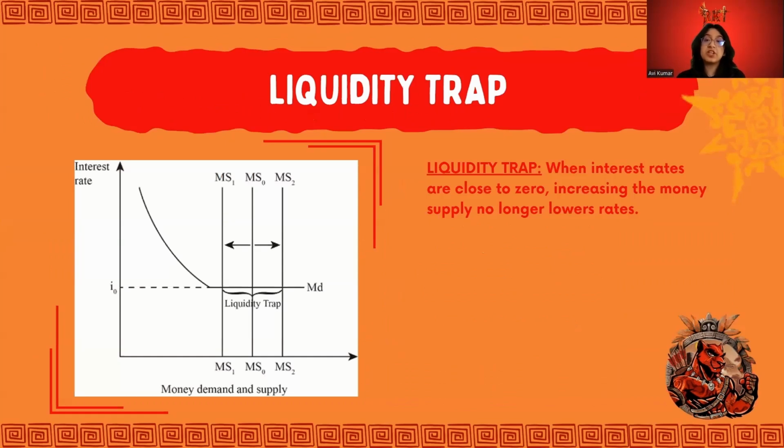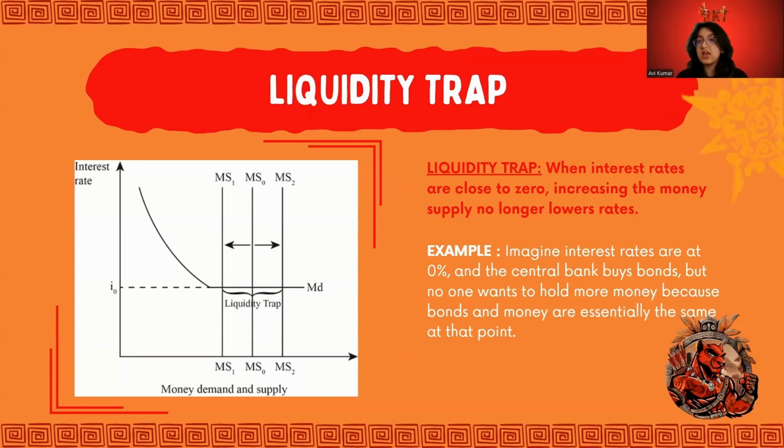Now, let's talk about liquidity trap. So, of course, we can adjust the economy using monetary policy, but sometimes, like for example, when the interest rates are close to zero, increasing the money supply no longer lowers interest rates. For example, imagine interest rates are at 0% and the central bank buys bonds. Usually, when they do that, people want to invest more.